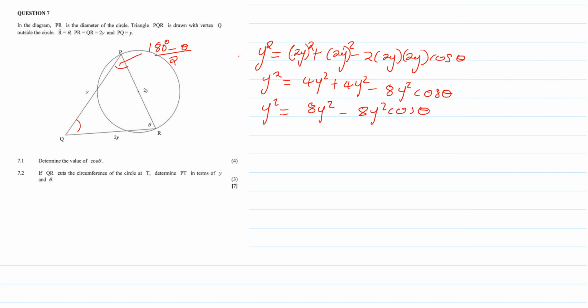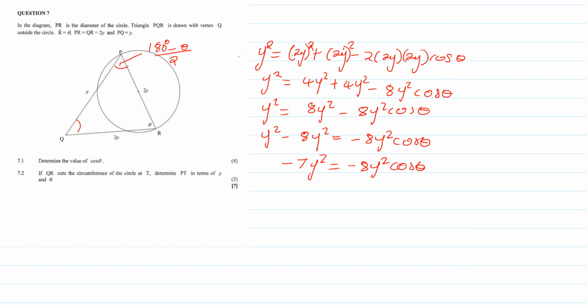Then y squared minus 8y squared equals negative 8y squared cos of theta. It's more like 1 minus 8, so it gives us negative 7y squared equal to negative 8y squared cos of theta.